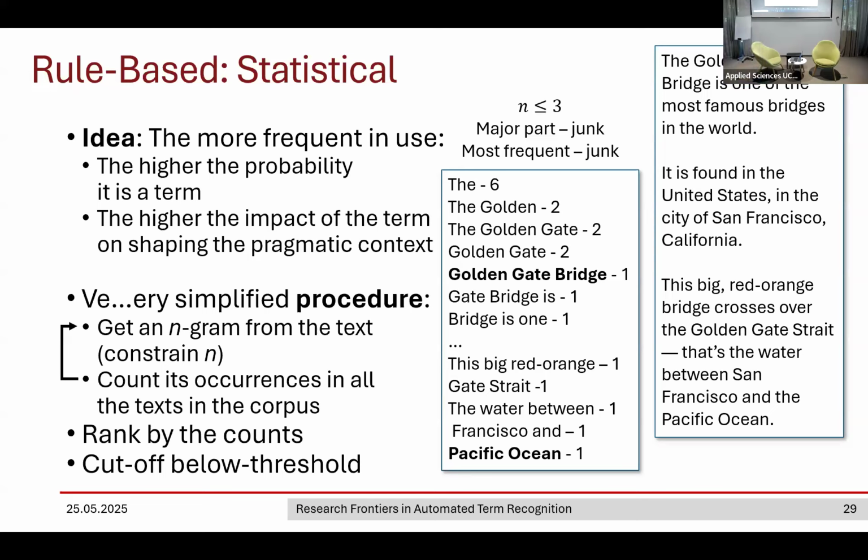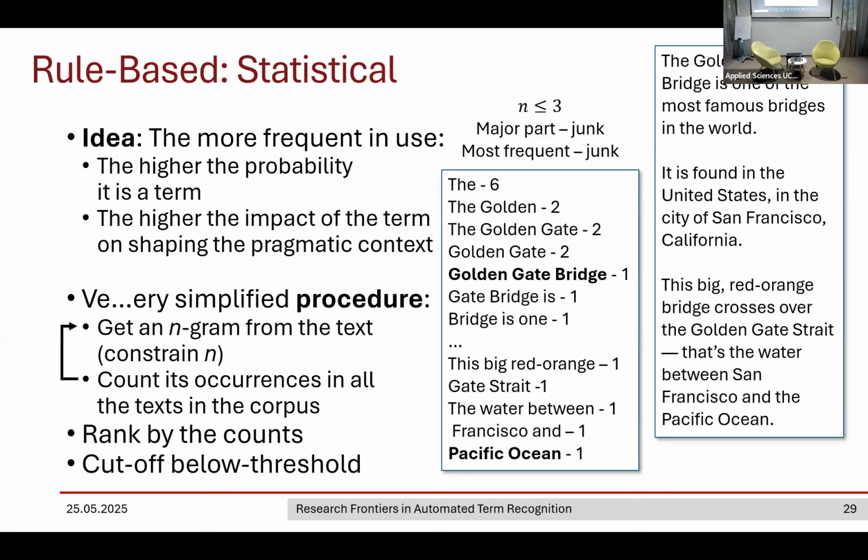So rule-based. The idea for the statistical family of methods is that the more frequent in use, the higher the probability it is a term. So it's a sort of set expression. It is used frequently in many documents within this domain, and therefore the probability that it is a candidate is higher than for expressions with lower frequencies of occurrence.